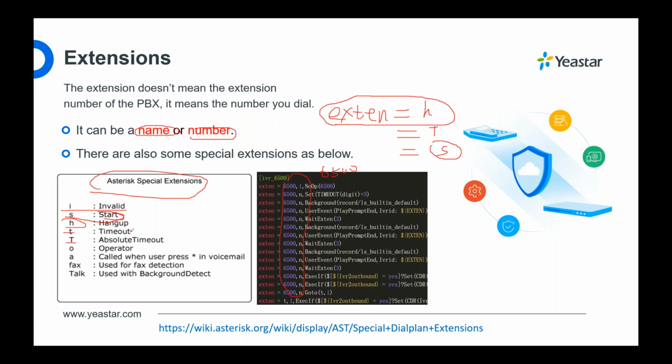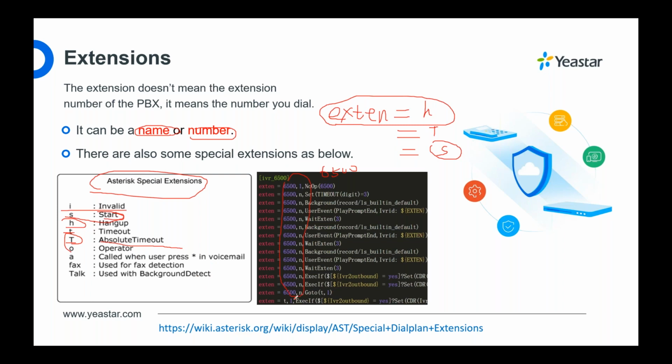So if the call is inactive and we play a prompt, then we may hang up this call. The capital T is an absolute timeout. That means if you set up a timeout like 13 seconds, and the call is not answered within the 13 seconds, it will be sent to the T extension.